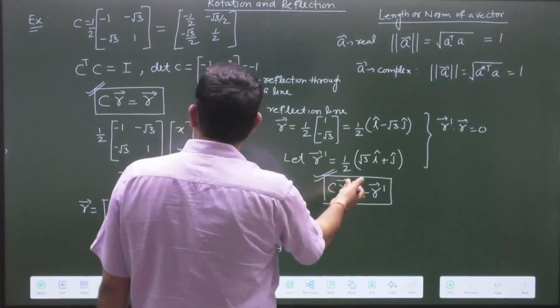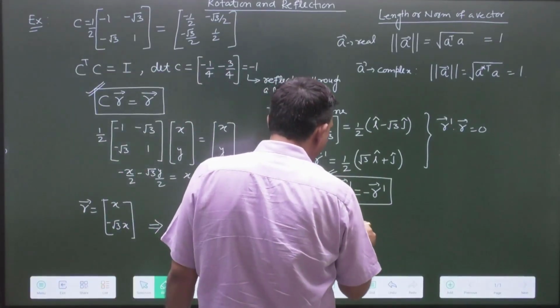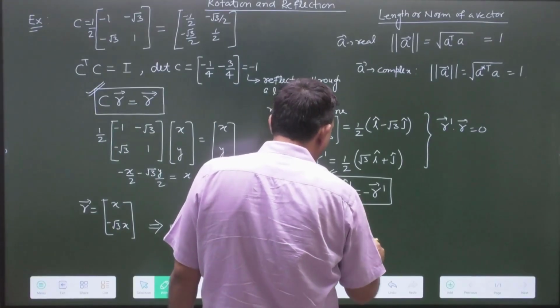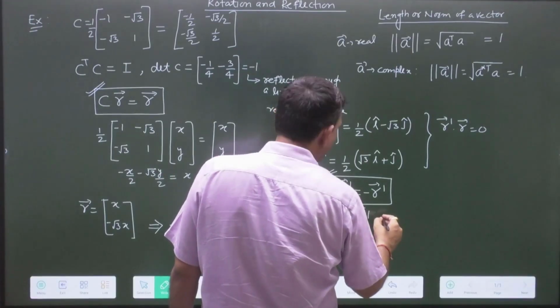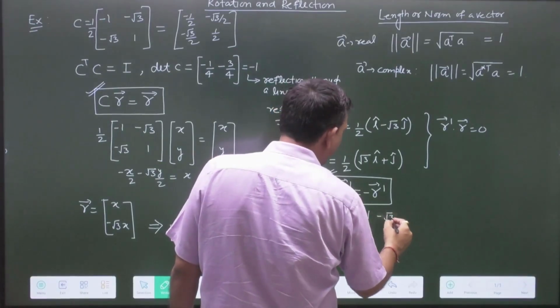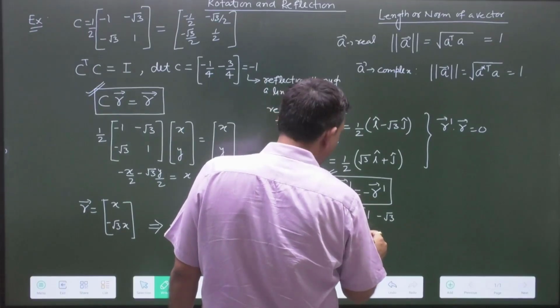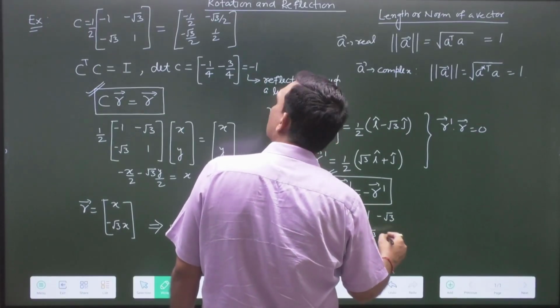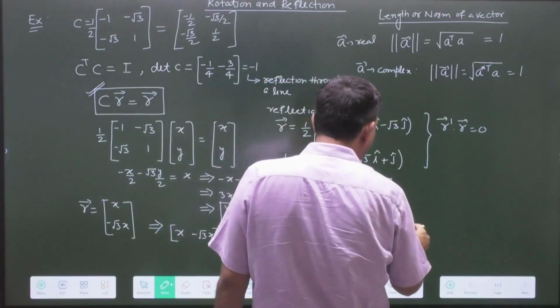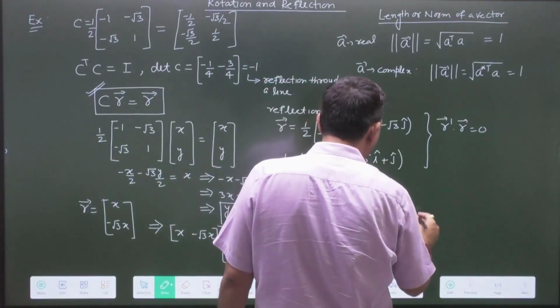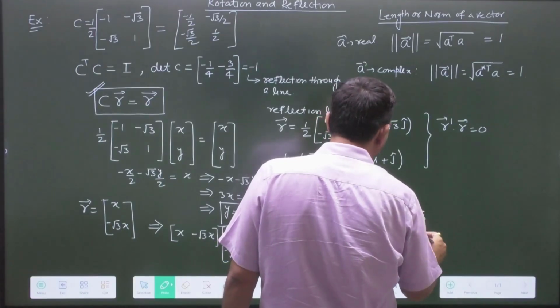So let's check this. C is 1 by 2 times the matrix with rows minus 1, minus root 3, and minus root 3, 1, and this vector R is 1 by 2 times root 3, 1.